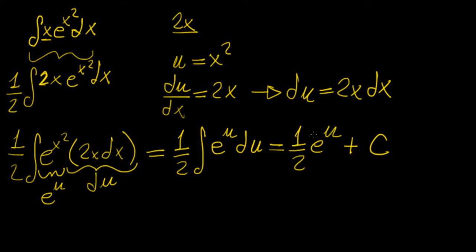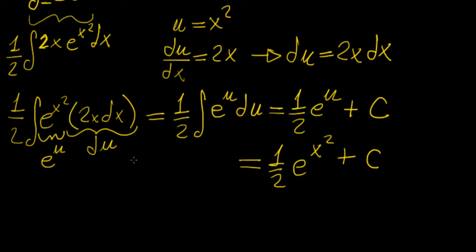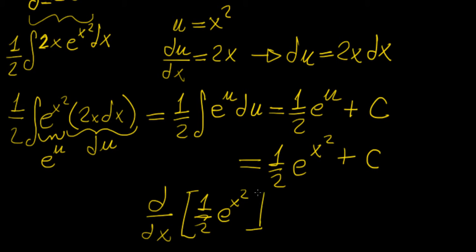So the final step in writing the solution to this integral here is to replace the u back with x. So this is going to be equal to half of the exponential function of x squared plus c. So how can we actually check that this is correct? Well, we can just differentiate it. So if we differentiate this, d over dx of the function half of e to the x squared, we're going to employ the chain rule.